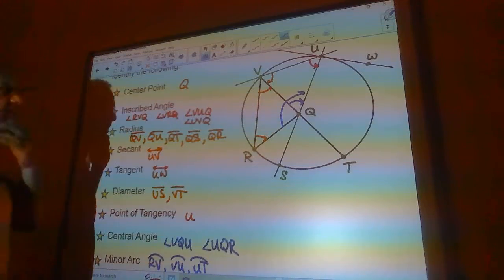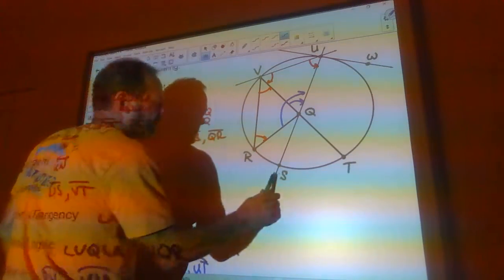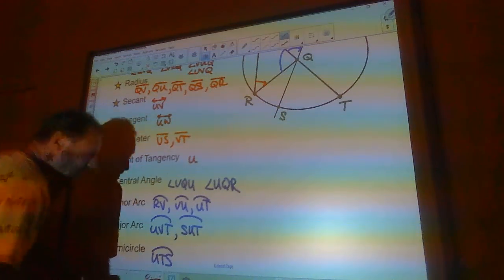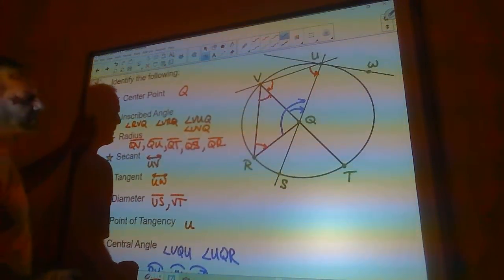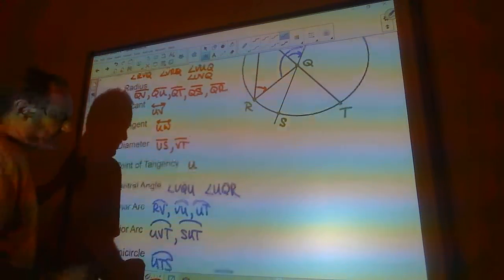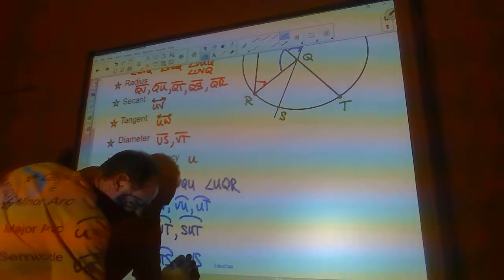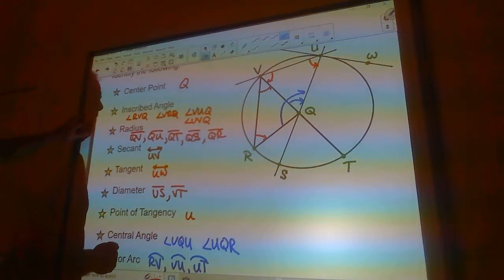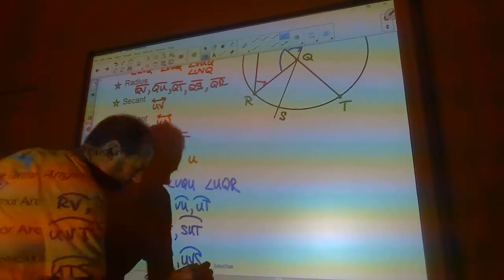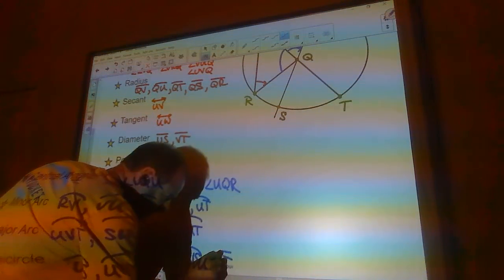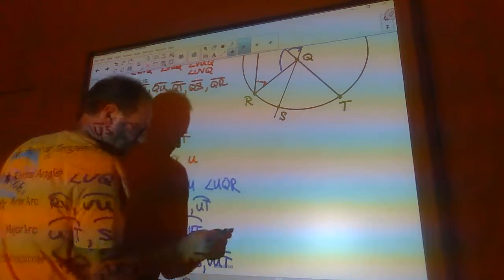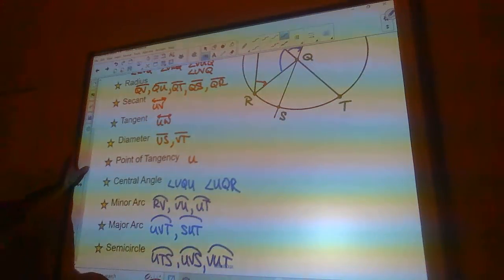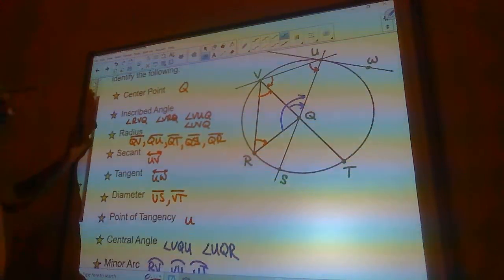So I could have UTS would be one. The other side of UTS would be UVS. And I can do the same thing with V and T. So I can have VUT. Whoops, I just about put the wrong symbol on there. And the other one would be VRT.